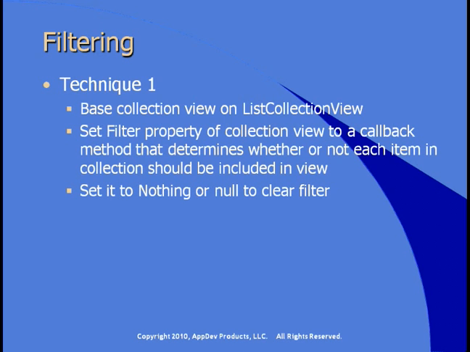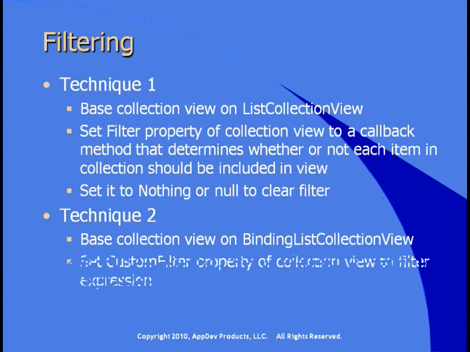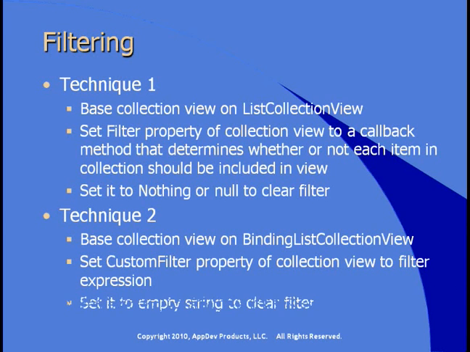Then you can set it to nothing or null, depending on your language, to clear the filter. In technique 2, you can base your collection view on a binding list collection view. The binding list collection view class has a custom filter property, and you set the filter to an expression. To clear the filter, you set it to an empty string. Which of these techniques you use is determined by where you got your data from.